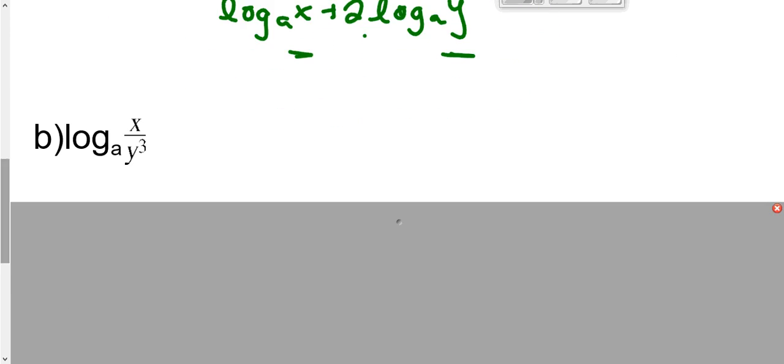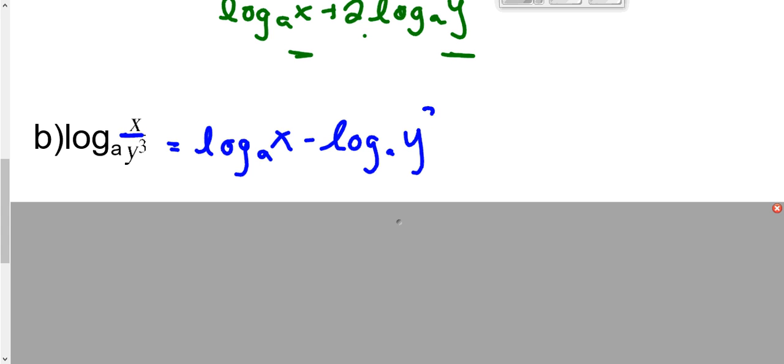So let's look at another one. Log base a of x divided by y cubed. First thing that we can do, we have 2 things divided. So we have a logarithm law that says we can write this as log base a of x minus log base a of y cubed.